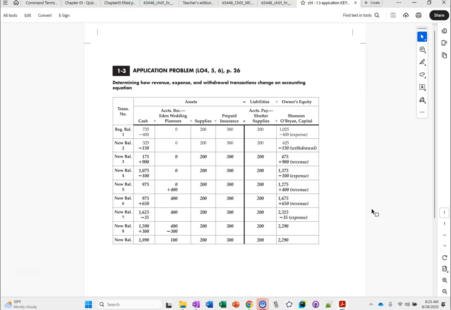Yeah, there you go. So Sam, they show it labeled as investment. So investment is moving money in, withdrawals take money out, expenses are paying for things like supplies for our assets.